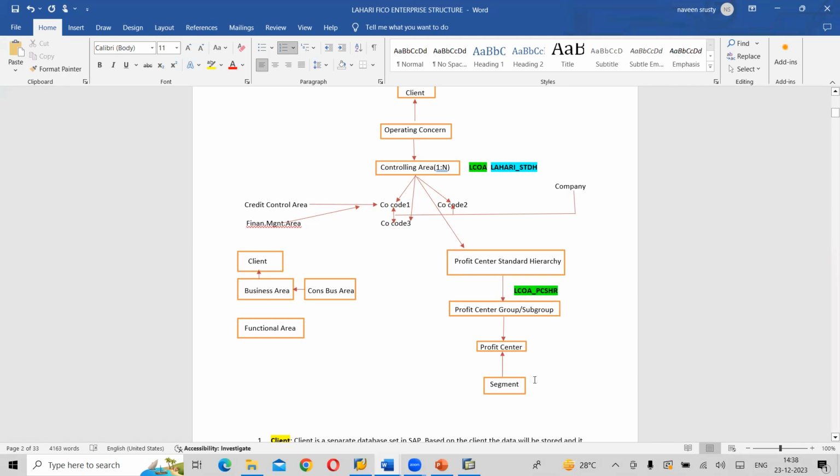Any organization, you will find only this structure. It could be a small organization, probably they may not have company codes. Small organization, they will have only one company code. But if you take any big to small organizations or small to big organization, you will find the structure like this only. Any questions here?